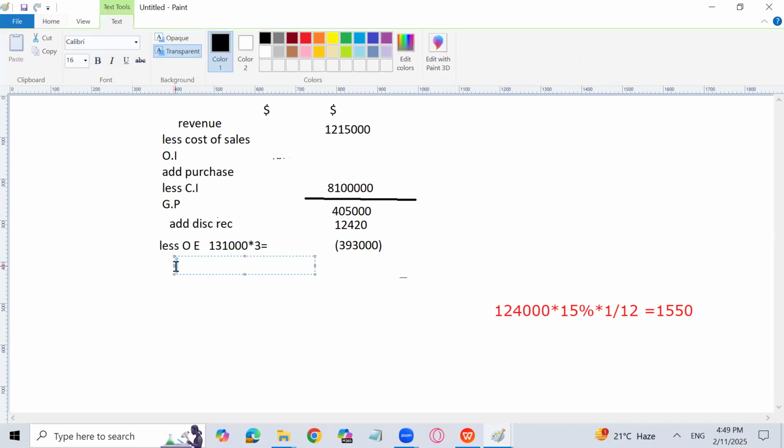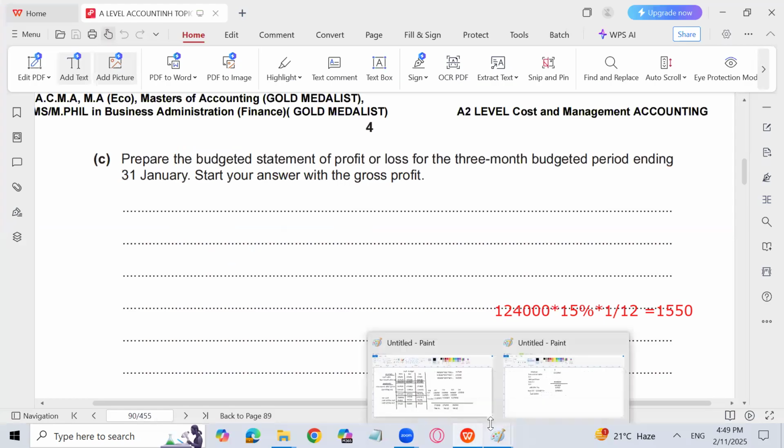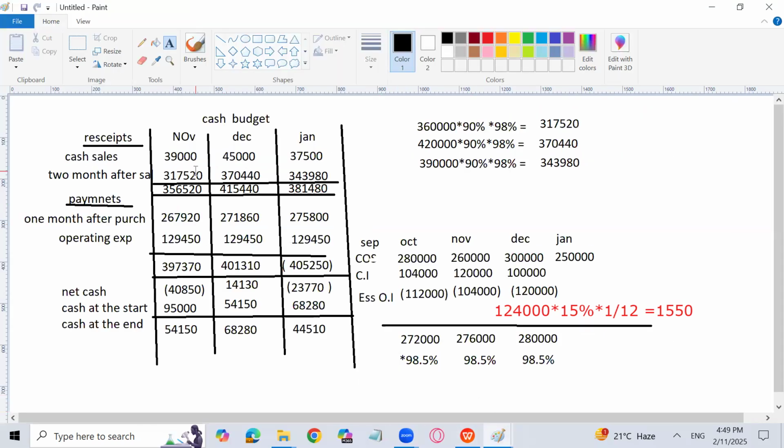Bad debts. How much is it? Again, that's why we have to calculate bad debts also separately. So we can do that over here: 360,000 plus 420,000 plus 390,000 into 2%. Or you should calculate it separately. That is the best way.